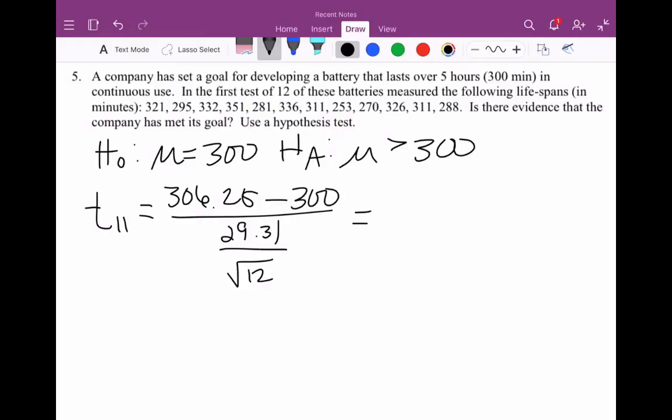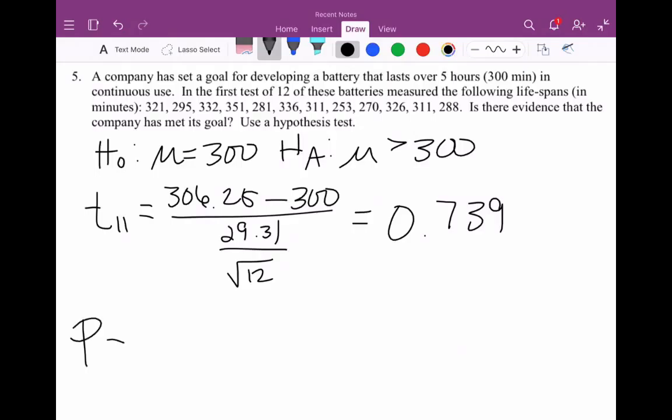This gives us a t-score of 0.739. Our t-score is under 1, so that indicates we're probably going to have a pretty high p-value, but we still have to calculate the p-value just to make sure.